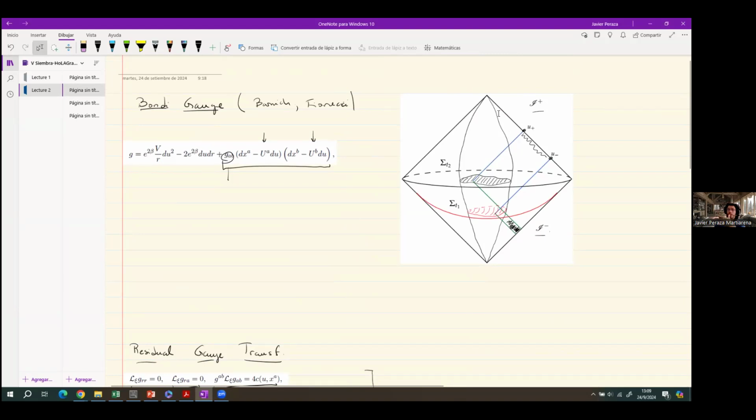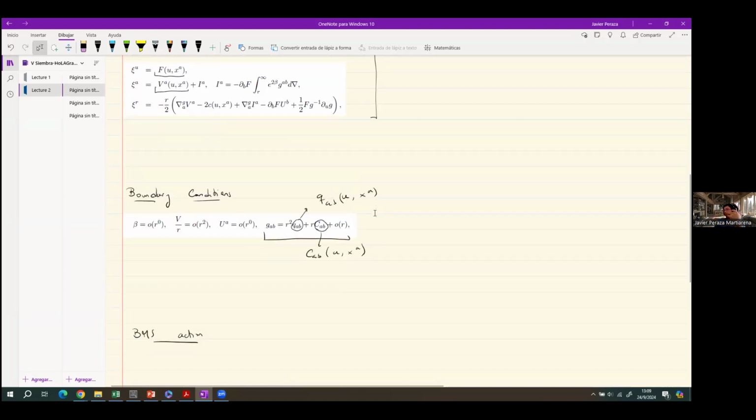So we are going to solve Einstein equations close to scri plus, so we are just solving Ricci equals 0. This is the equation that we are solving. Solving Ricci equals 0 is not a trivial task. So once we fix the r expansion that we are interested in, we solve Ricci equals 0 for the metric g_mu nu.